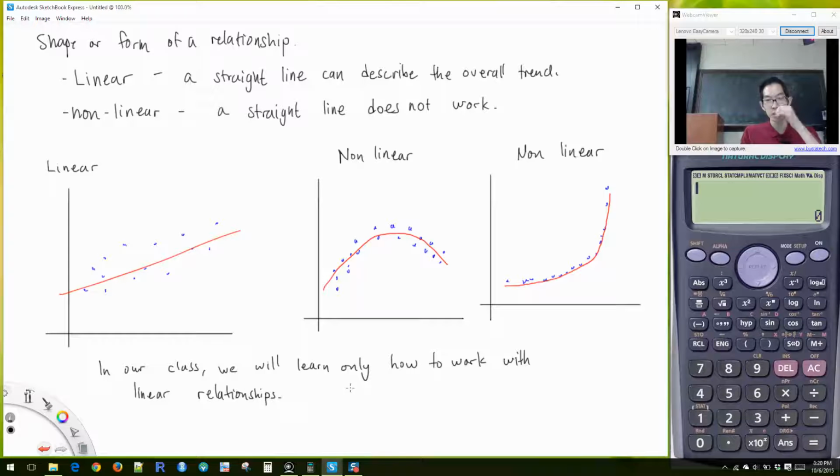Okay. So if we create a scatter plot and it looks nonlinear, then we have to say this is a nonlinear relationship. Our methods won't work. Okay?